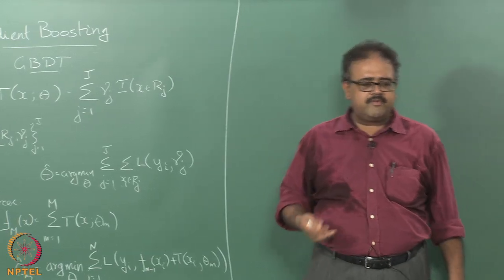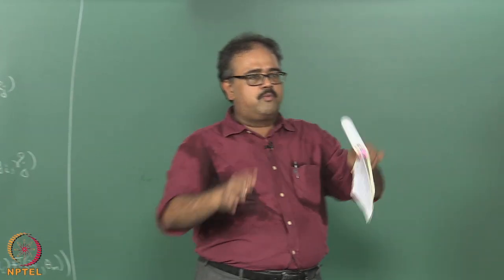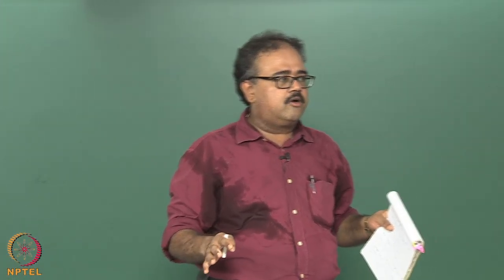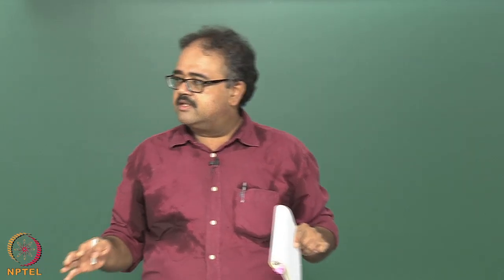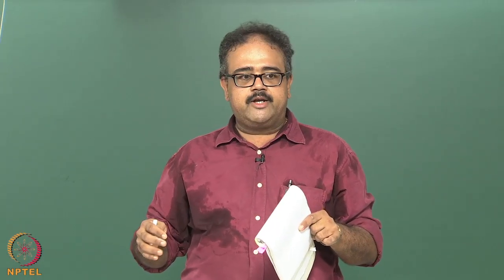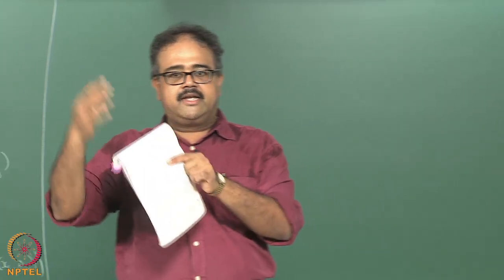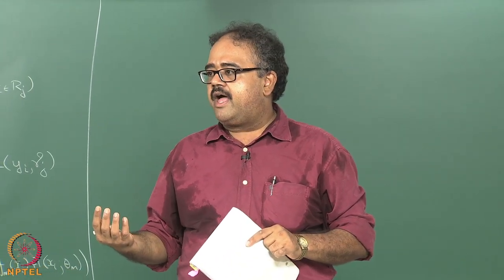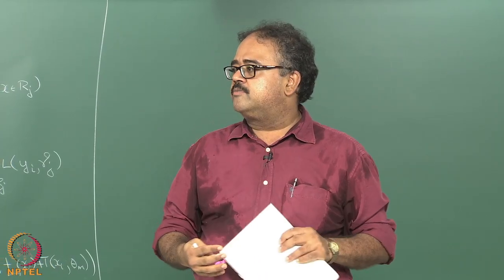So, if you think about what we are doing here, you will first build one tree to predict your output as best as possible. Then you will take the residual of that, build another tree that predicts the residual as well as possible, and add the output to this.